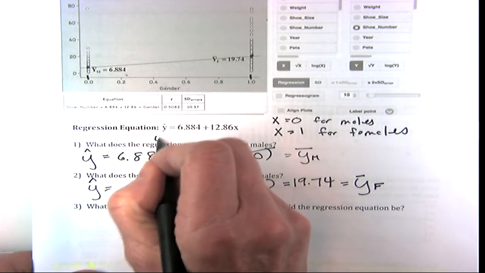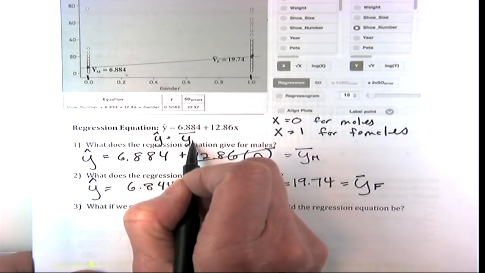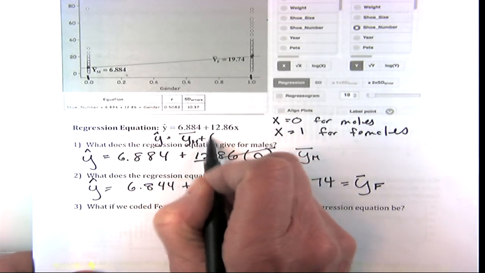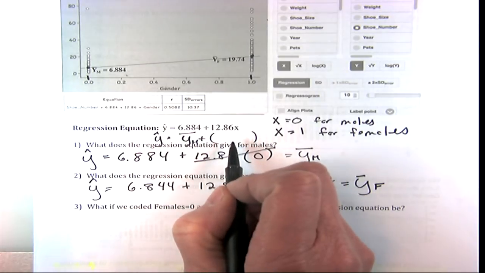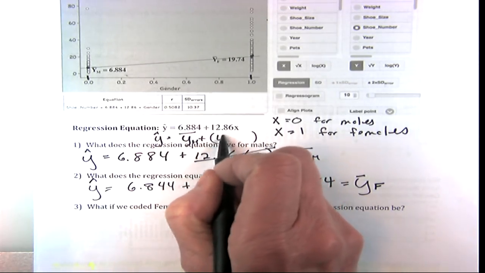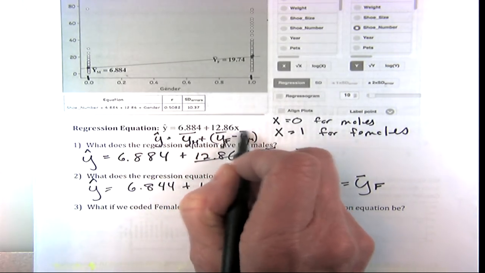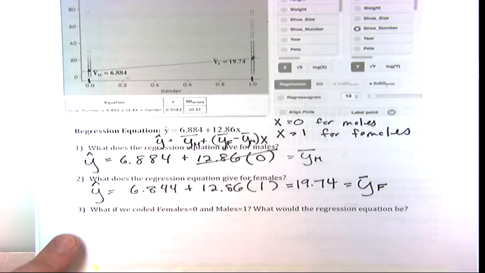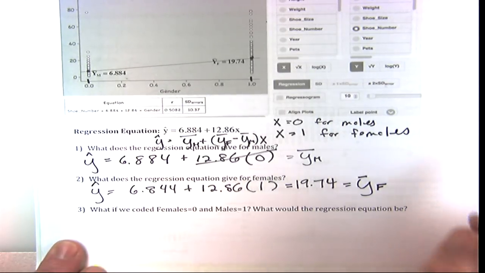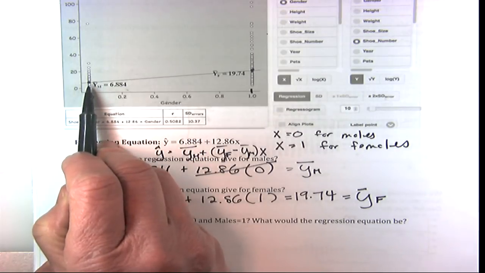Basically, this equation is what? The average for males plus the difference between the average for females and the average for males, times x. That's what the slope is. It's very easy to interpret. A slope is rise over run.